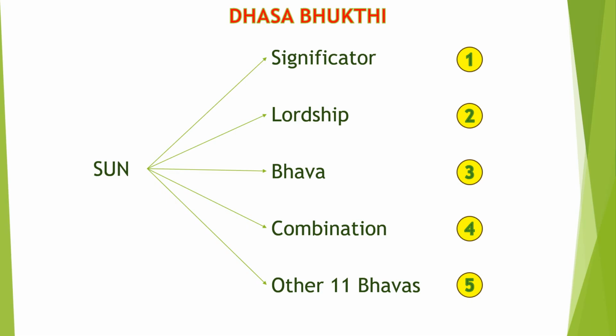So the Dasa Lord will first give the benefits of lordship, significators, lordship, and to the bhava through the bhava in which it is, and based on the combination, the amount of benefits or the effects will be decided, and it will not only benefit that particular bhava, it will also benefit all the 12 bhavas. So these are the major things that we need to understand in this Dasha Bhukti lesson.